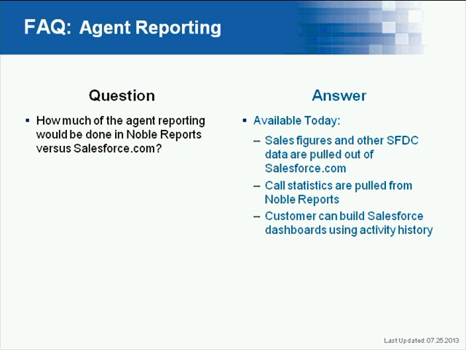regarding campaigns. What functionality does the campaign tab in Salesforce.com provide? Okay, so within the campaign tab that we saw earlier, there are some capabilities to set campaign parameters, but it's mostly around selecting the list.